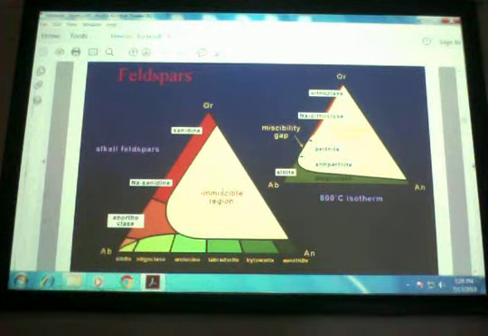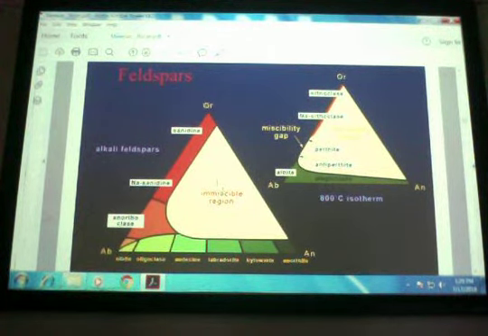So in the volcanic rocks, you know, these are explosive, yeah? Whereas the orthoclase occurs, if you are looking for magmatic rocks, in plutonic rocks.